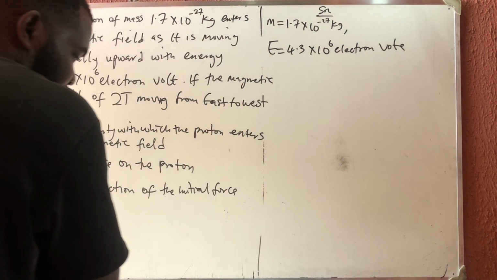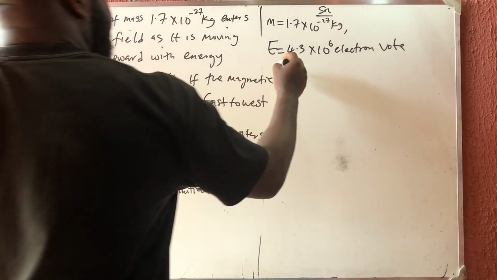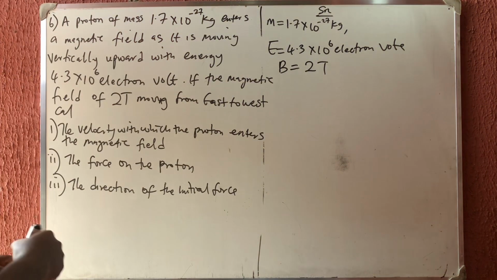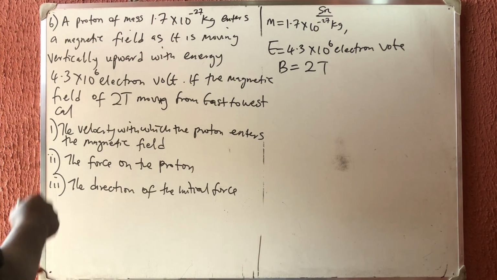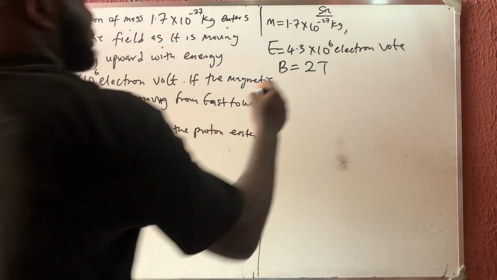What else did they give us? They gave us our B. Our B is equal to 2 T. Then we should calculate what they say we should calculate: the velocity.